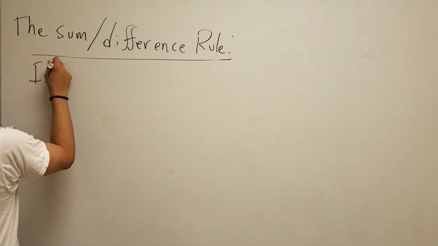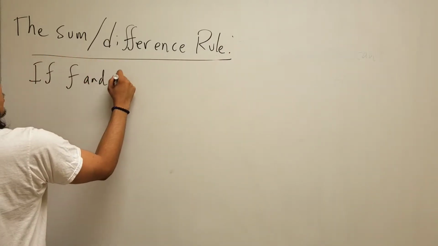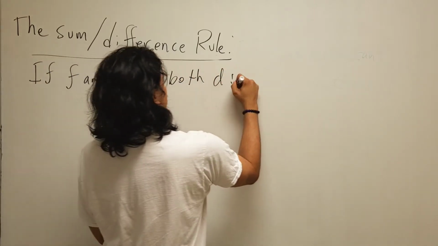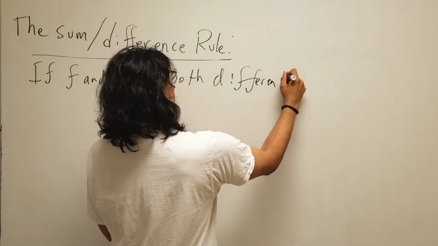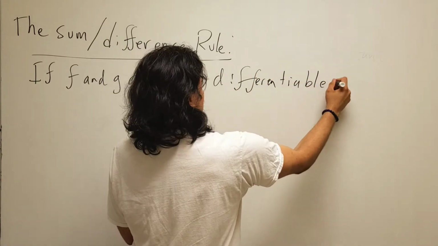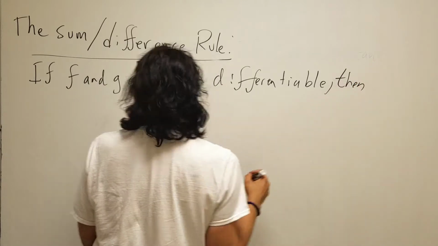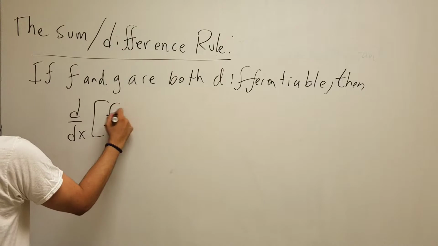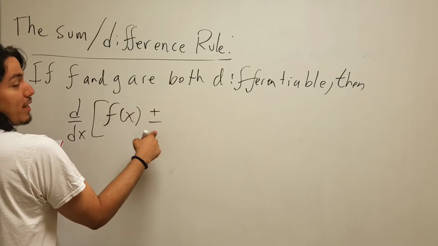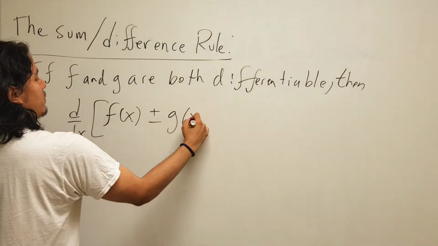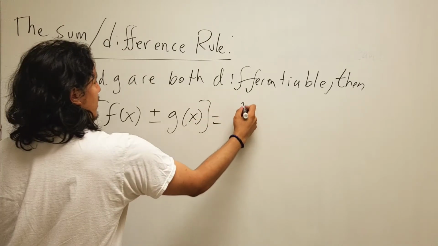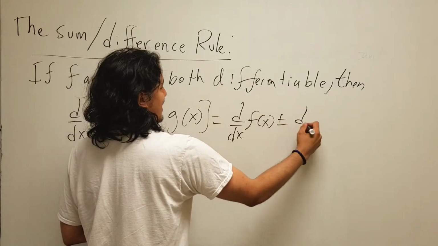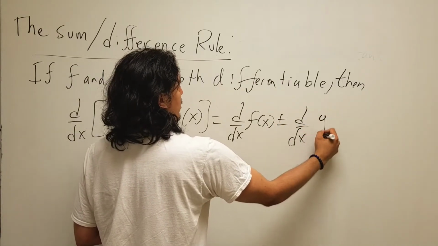So it states if f and g are both differentiable, then when I differentiate the two functions, f of x plus or minus, you can do either one, g of x, you simply get d over dx f of x plus or minus d dx g of x.